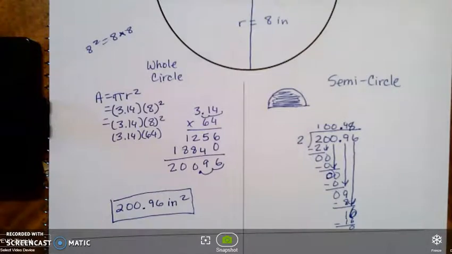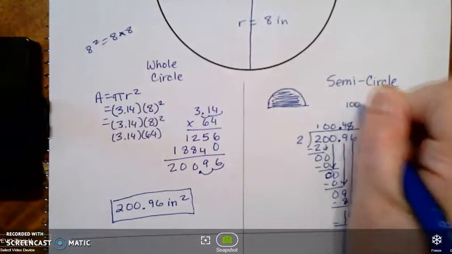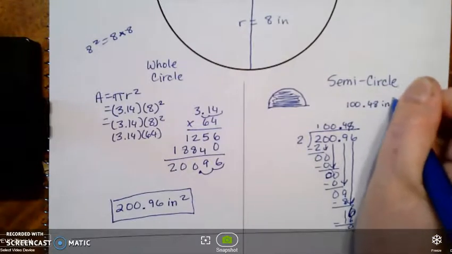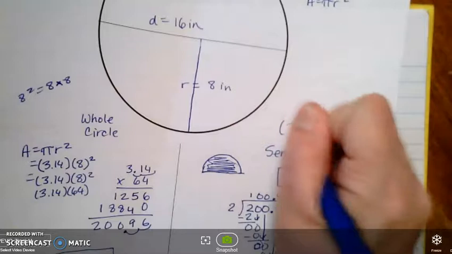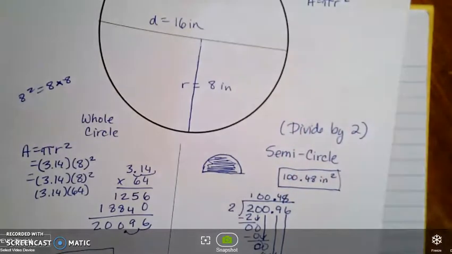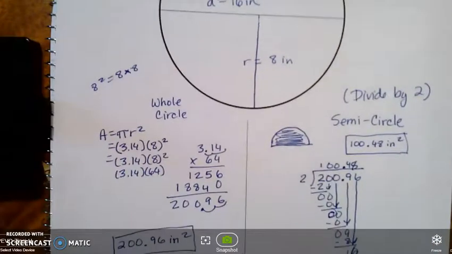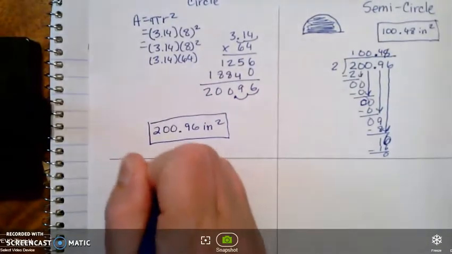You take your whole circle and you divide that by 2, and that's how you find the area of a semicircle. I'm going to put that here with my units, inches squared. If you want to make yourself a note, just put divide by 2. You take the whole circle and divide by 2. Now down here we're going to do a quarter circle.